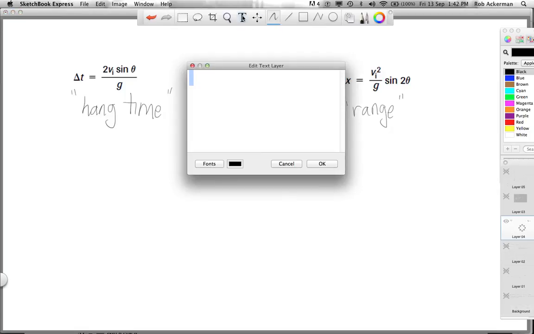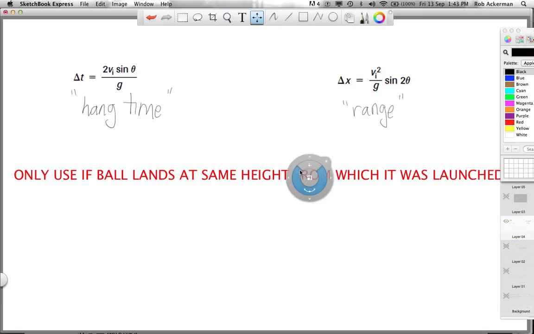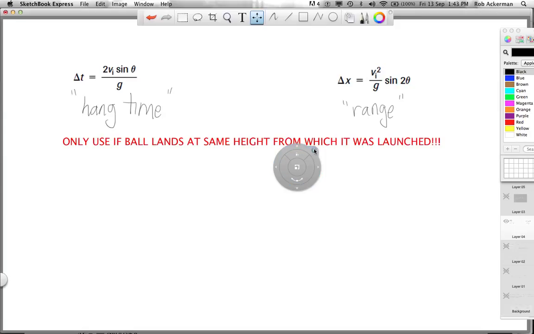So I'm going to put that in here because I don't want anyone using these equations unless they are absolutely entitled to it. People make mistakes with these, so only use if ball lands at same height from which it was launched. If I could get that flashing on the screen here, I would, just to make sure that you don't use this incorrectly. Okay? So that's the first thing with a little bit of a warning.